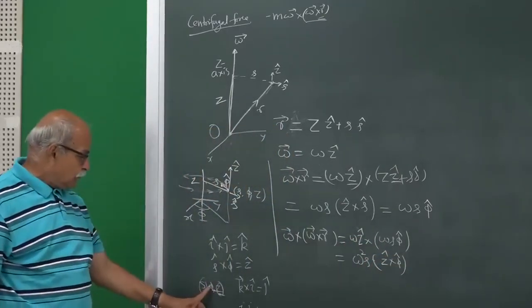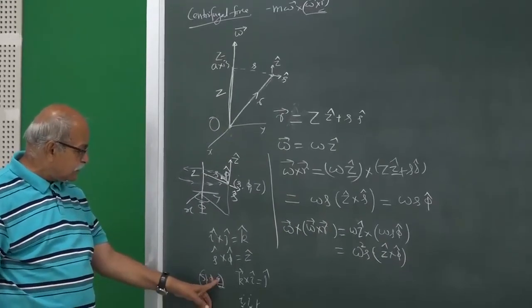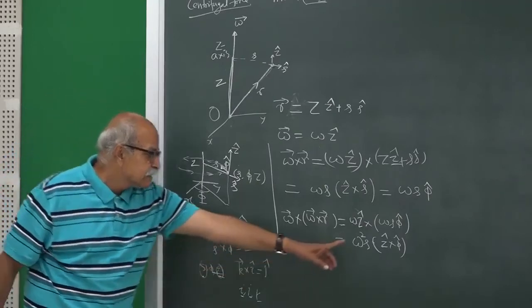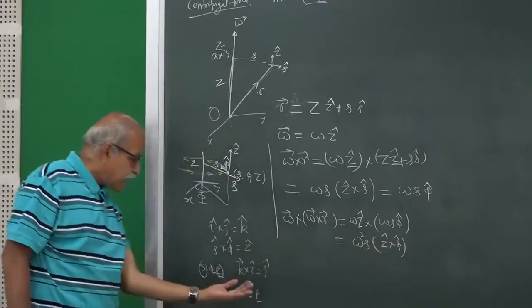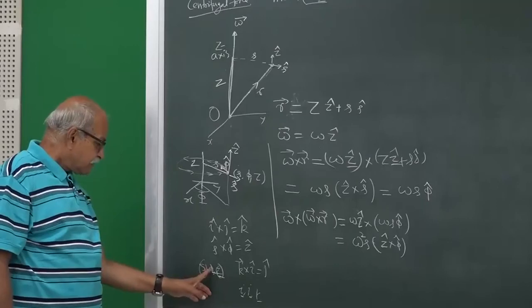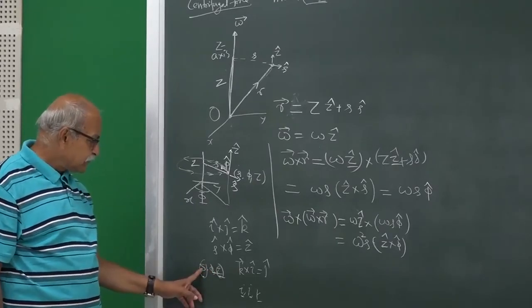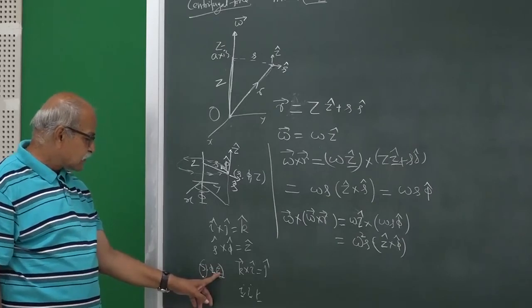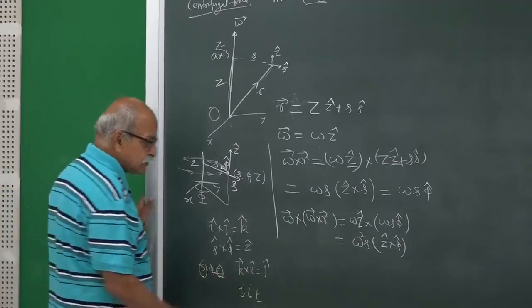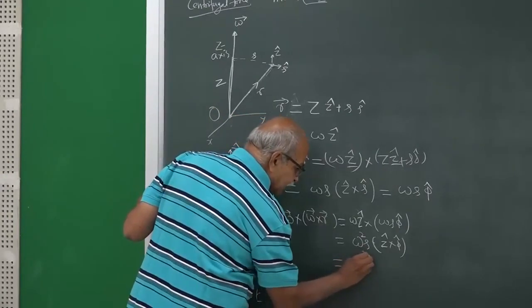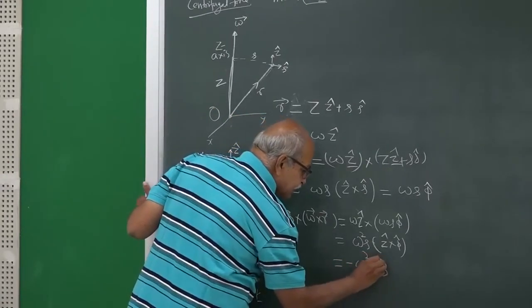Once again, phi cap cross z cap will be s cap, and here I have z cap cross phi cap. So, opposite, phi cap cross z cap is s cap, therefore, z cap cross phi cap will be minus s cap. So, this is minus omega square s and s cap.